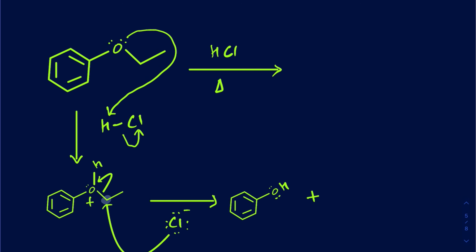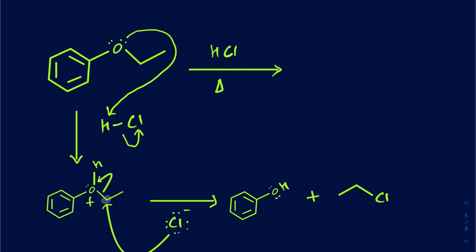And then you're making an ethyl chloride here. Now, previously what we have done, if this was an aliphatic alcohol, we would protonate this again and have the chloride or halide attacking again and making this eventually another alkyl halide.